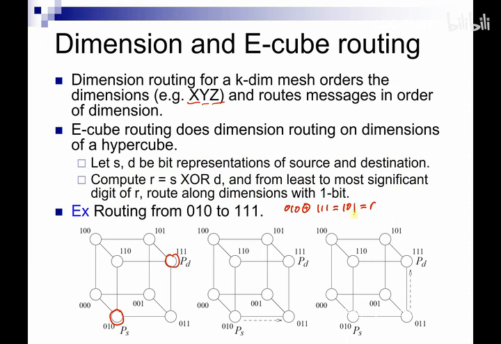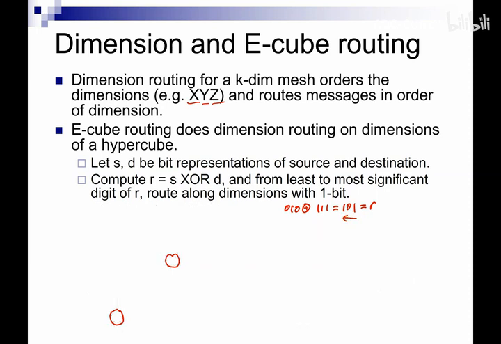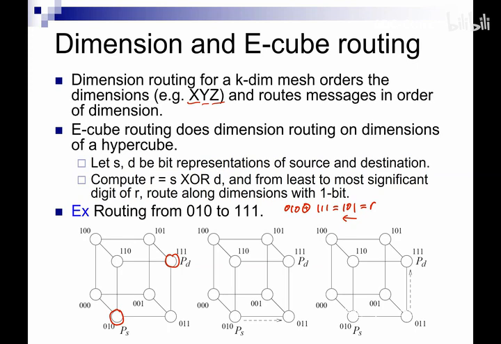We're going to go from the least significant digit to the most significant. Every time we have a 1 bit, we're going to move in that dimension. So we have a 1 bit in the first digit. That means that we're going to go from 0, 1, 0 to 0, 1, 1, because R has a 1 bit in the first digit.